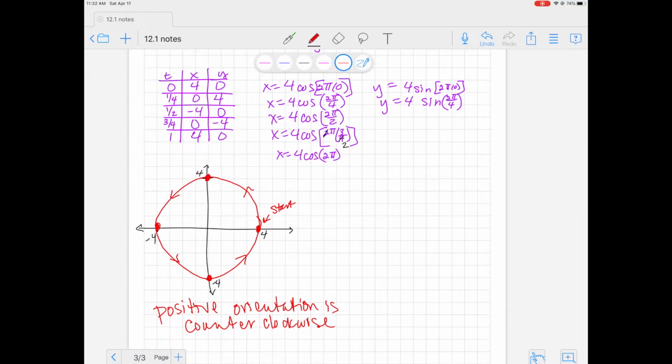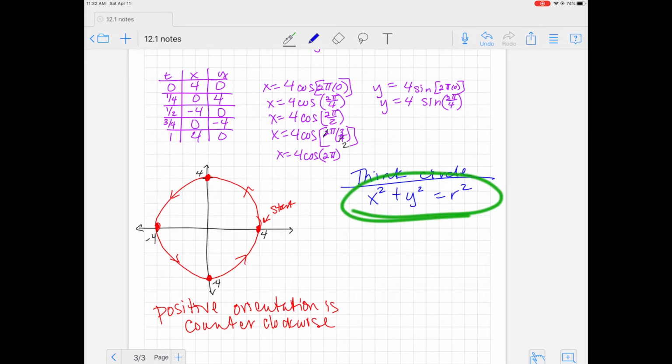All right. I want you to think about one other thing here real quick. So this is a circle, right? Obviously. So let's think circle for a second. Think back to what we know about circles. This is our generic form of a circle. X squared plus y squared is equal to r squared. This puts my origin at 0, right?